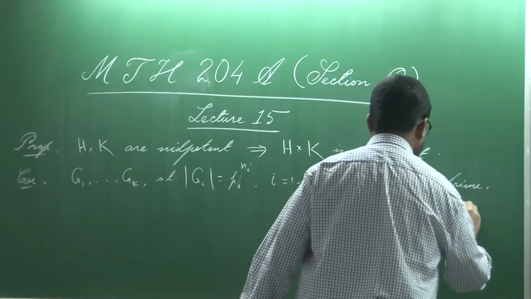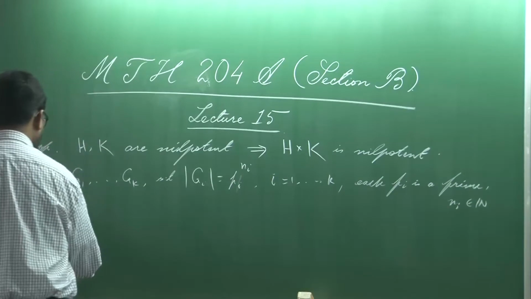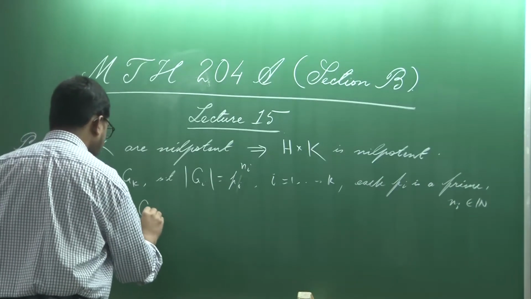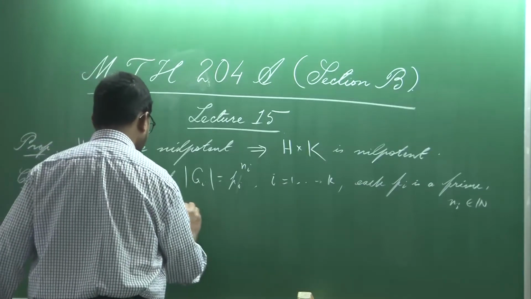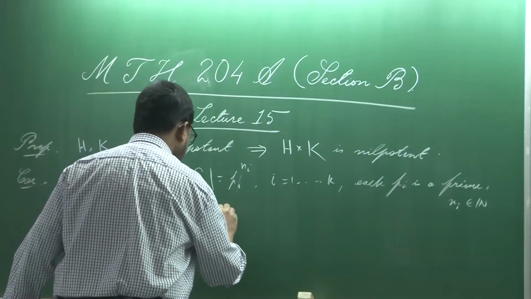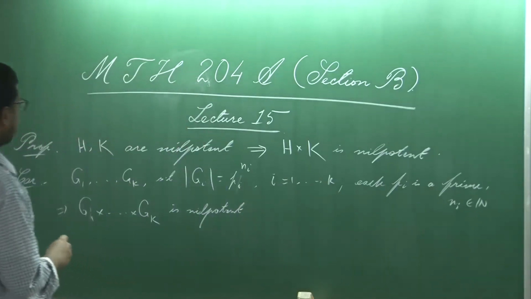Of course, ni is a natural number. If this is so, then the direct product is nilpotent. This is an immediate consequence of this proposition, which is yet to be proved.